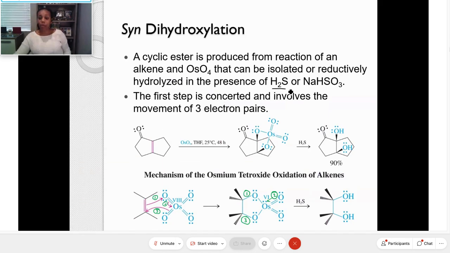Then in the second step, we can use either H2S, which is hydrogen sulfide, or NaHSO3, sodium bisulfite. Either one of those can be used. Those two things are the same. But in that second step, don't worry about the mechanism. Just know that in the second step, we're basically breaking these bonds and we're ending up with OHs.